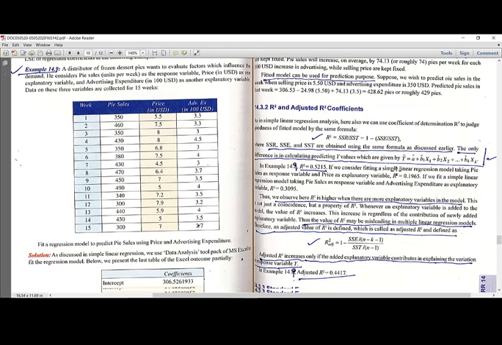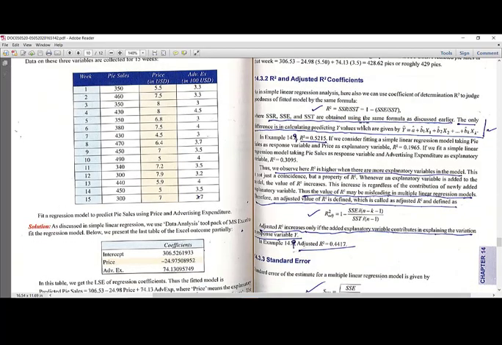Now coming to R square and adjusted R square coefficients. As I said previously, adjusted R square comes into the picture in the case of multiple linear regression, and it has no meaning in simple linear regression. Let us understand why.